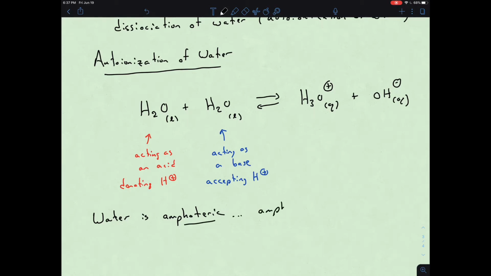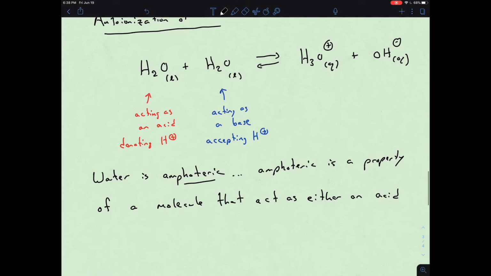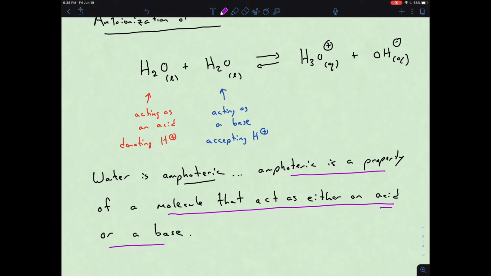Amphoteric is a property of a molecule that can act as either an acid or a base. So that's the amphoteric nature of water, is that it can actually do both.